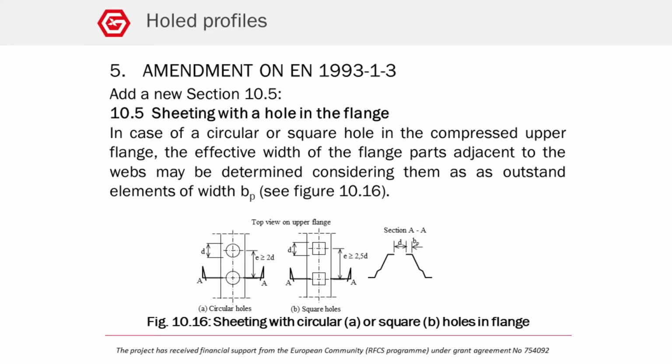These results allowed us to submit an amendment proposal on Eurocode 3 part 1-3 consisting in the addition of a new section entitled Sheeting with a Hole in the Flange.